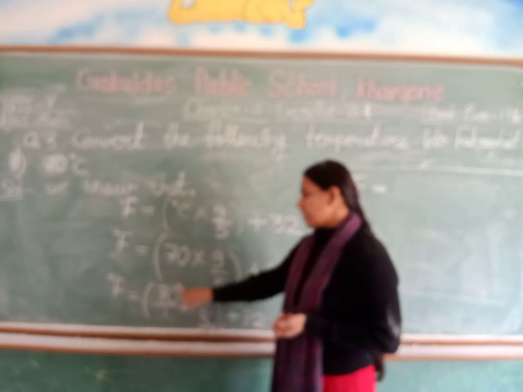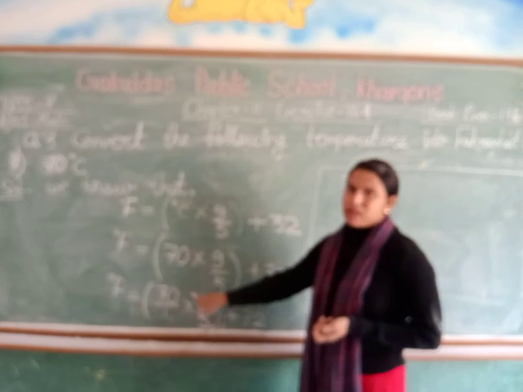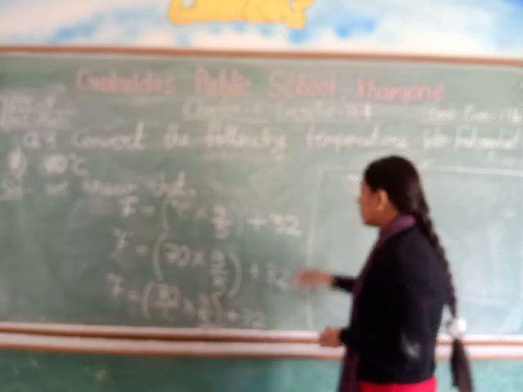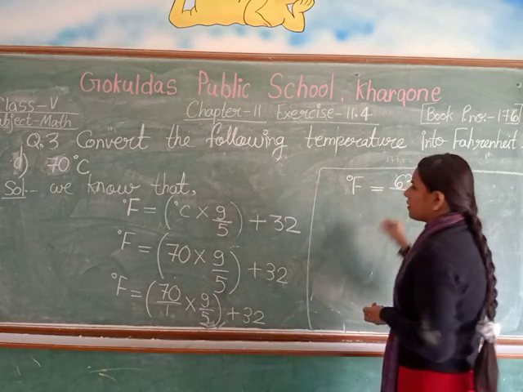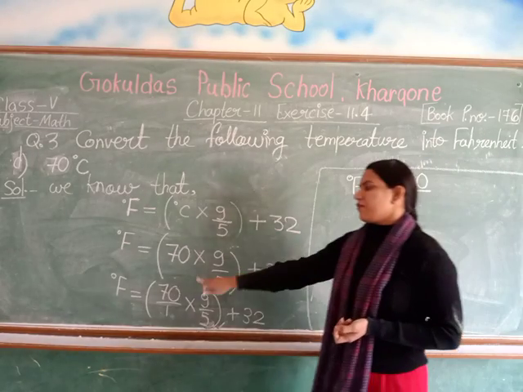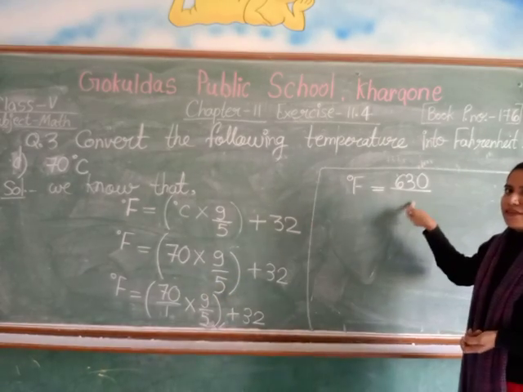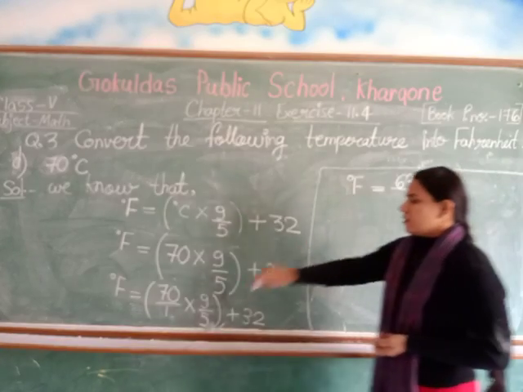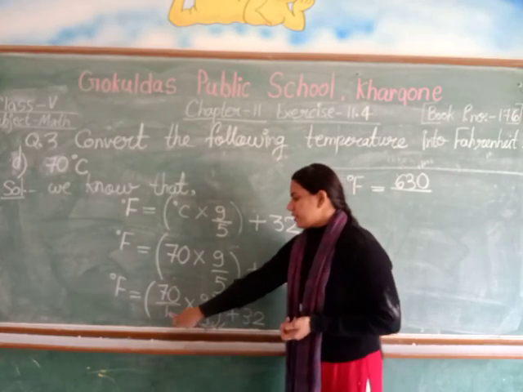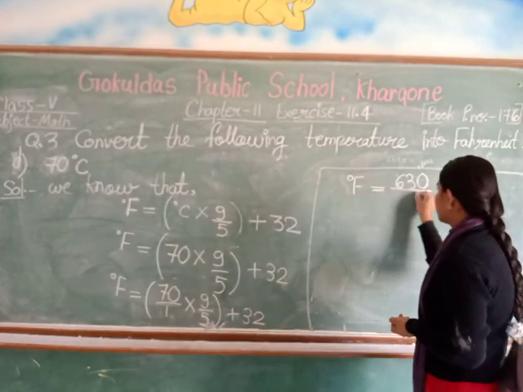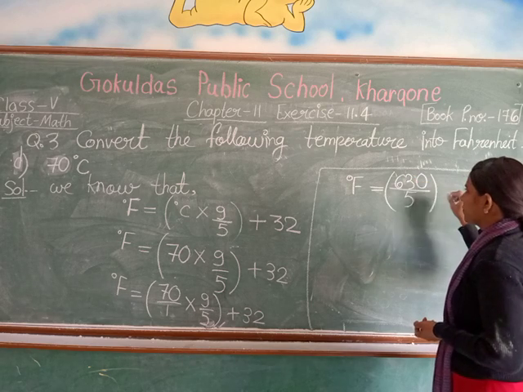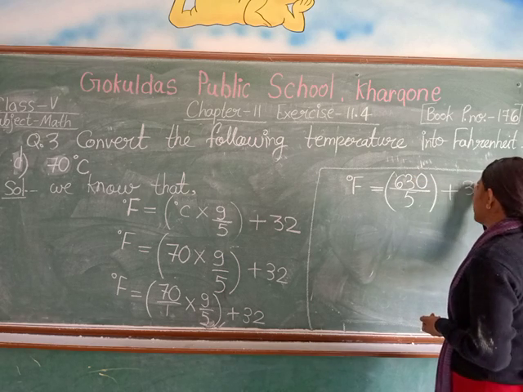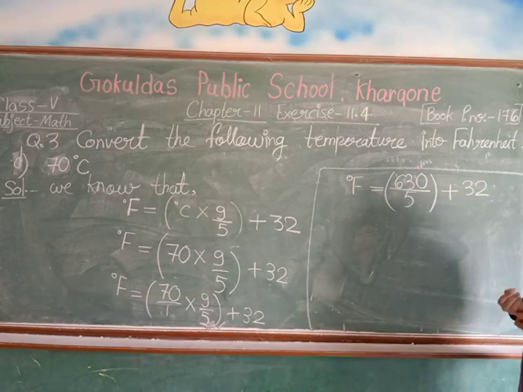So here 70 will get multiplied with 9. 70 into 9 is 630. Now multiply denominator with denominator. 1 into 5 is 5. Do not forget to write plus 32.